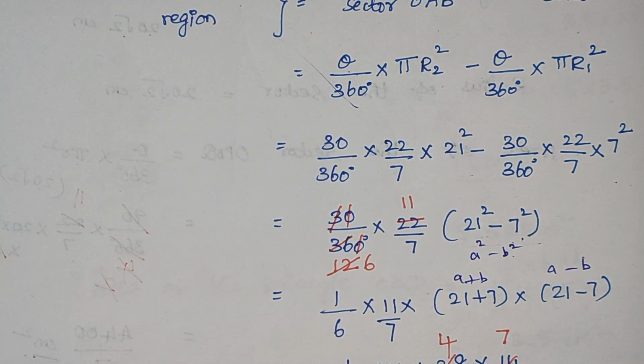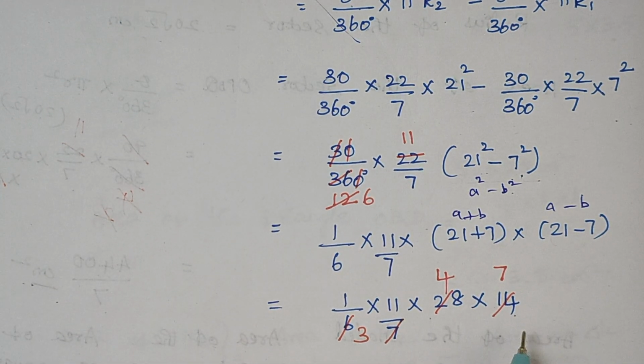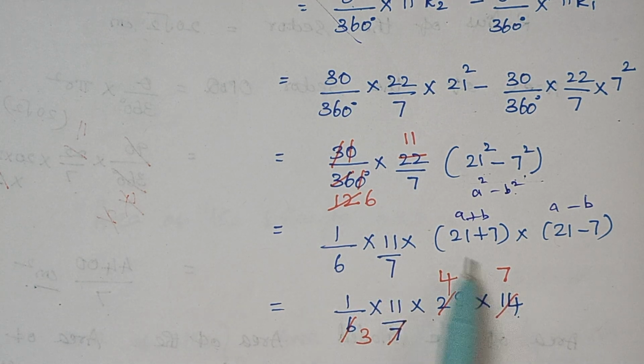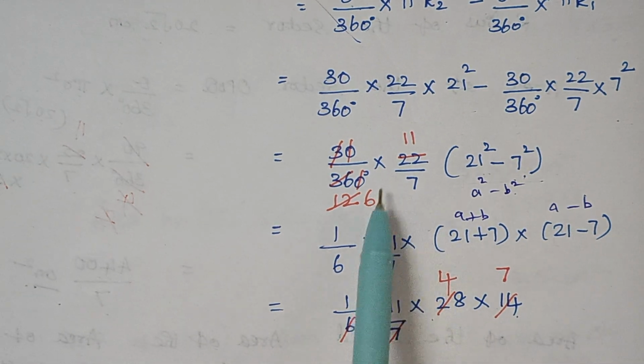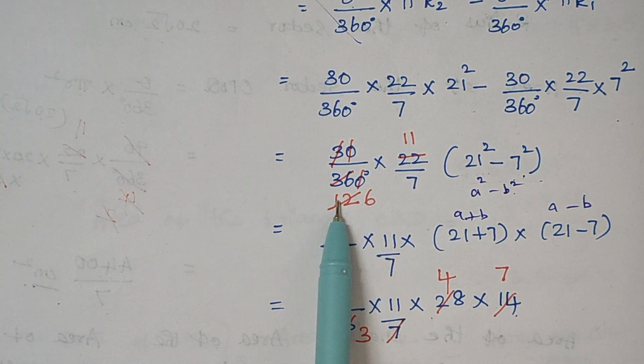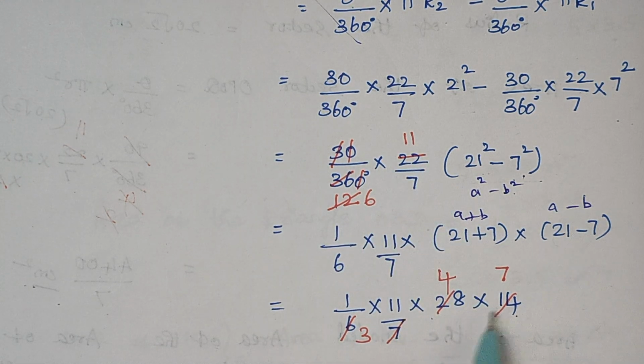When you substitute, I end up with 28 and 14, which makes the calculation pretty simpler, right? Again when you cancel the common terms, the zeros cancel, and 36 by 12 is 3 times, and 12 and 22 cancel by 2. So here it is 6 and here it is 11.